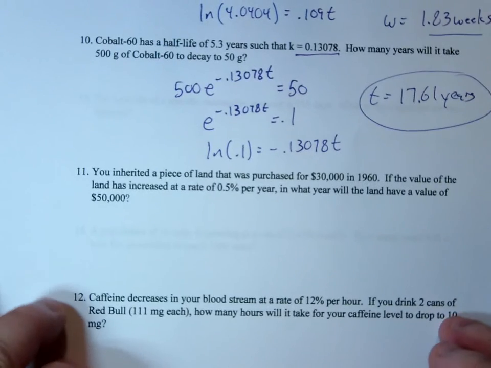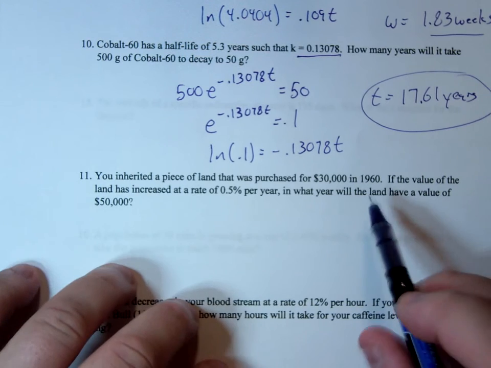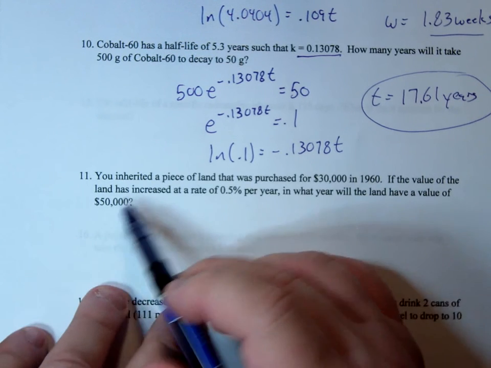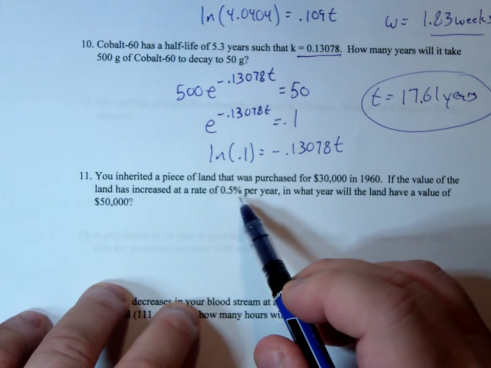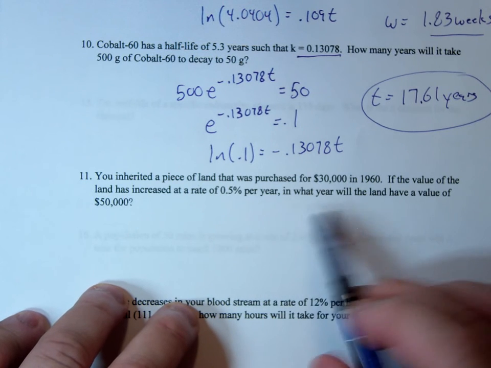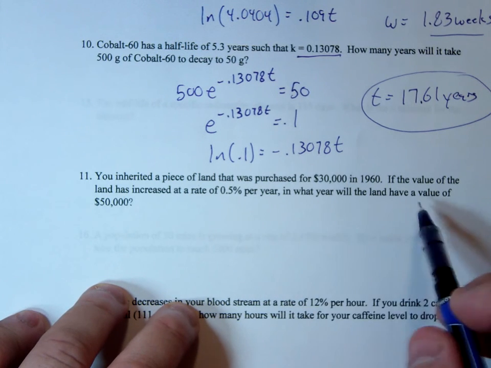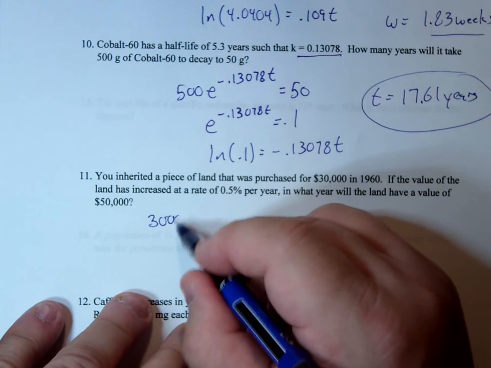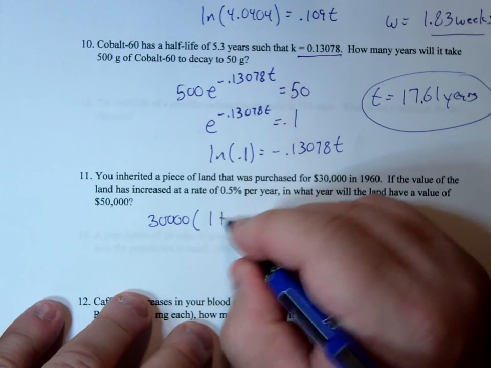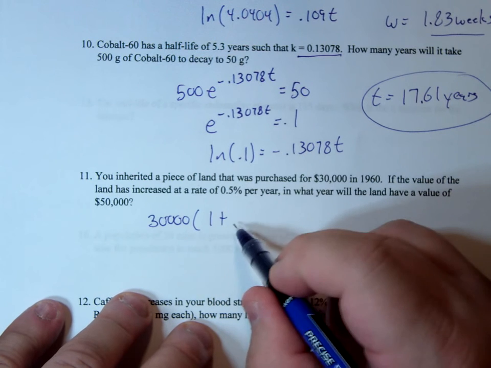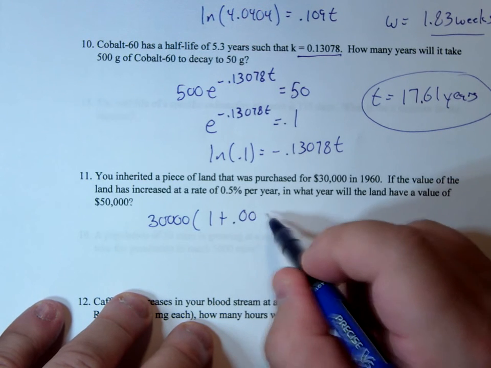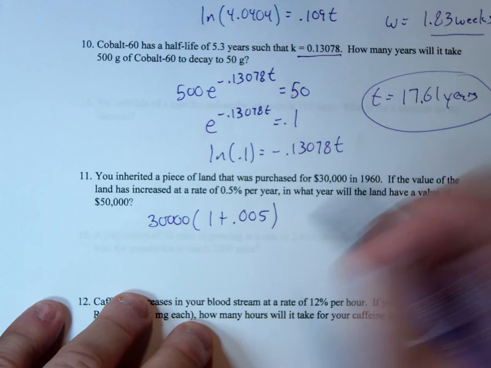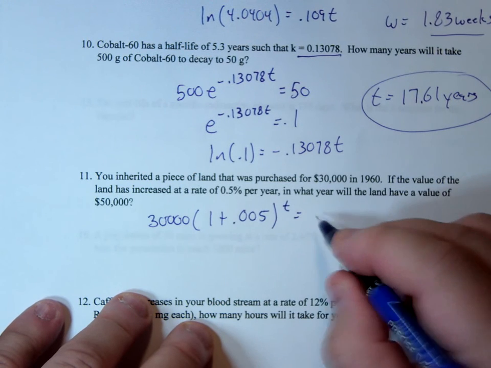Alright, you inherit a piece of land in 1960. If the value of the land has increased at 0.5%, in what year will the land have a value of 50,000? So you have 30,000. It is increasing 0.5%, which as a decimal is move it over twice, so it's 0.005. So 1.005 to the t power. When will that be worth 50,000?